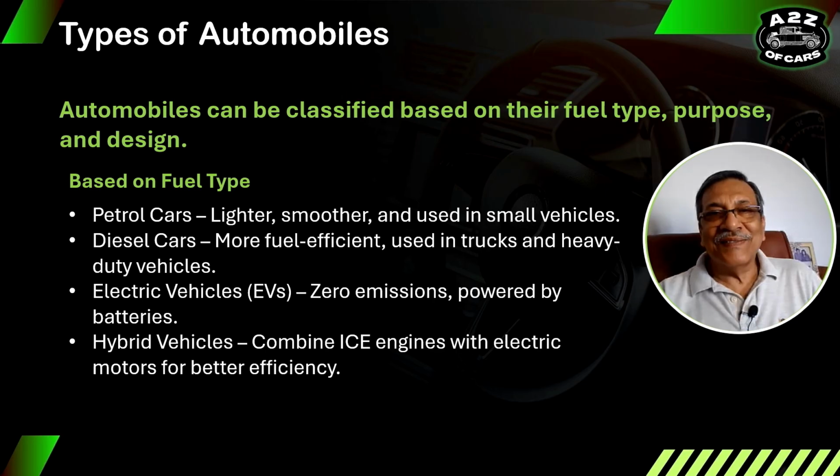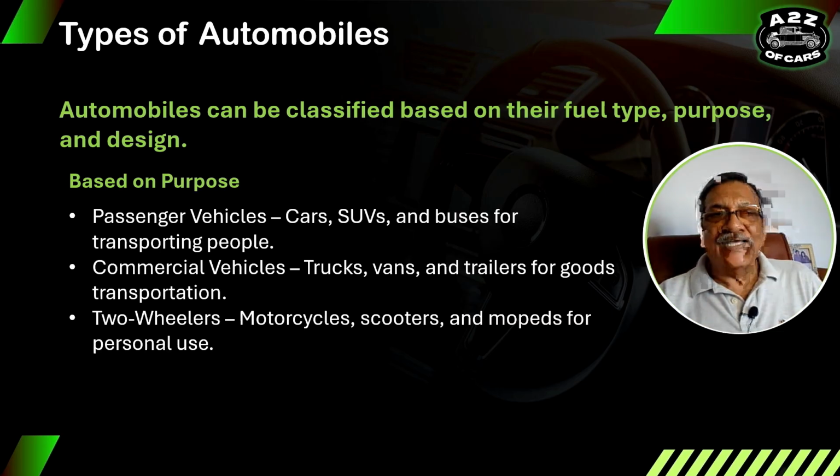Noise is high. Electric vehicles, zero emission, powered by batteries, noiseless. Hybrid vehicles combine an ICE engine with an electric motor for better fuel efficiency. So these are the four types based upon the fuel type.